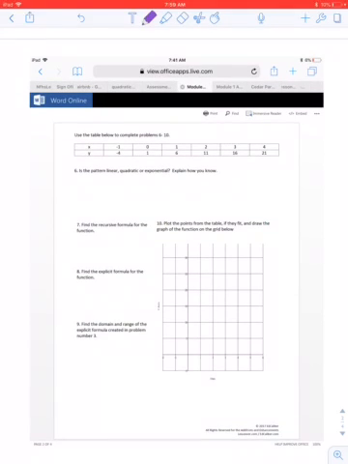Okay, moving on, let's go on to 6. So for 6, we have to do the same thing as the pattern: linear, quadratic, or exponential. So for this one, we are going up by 1. And every time we do that, that's 3.